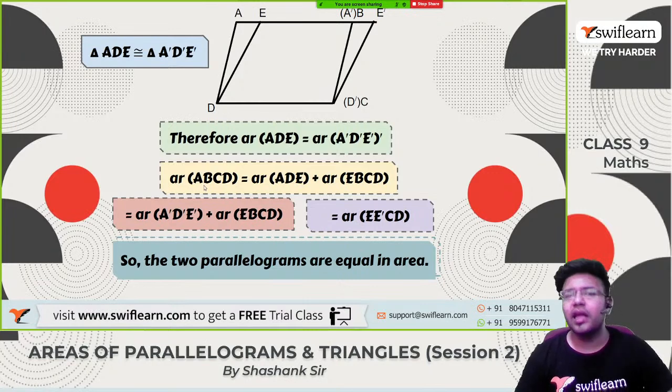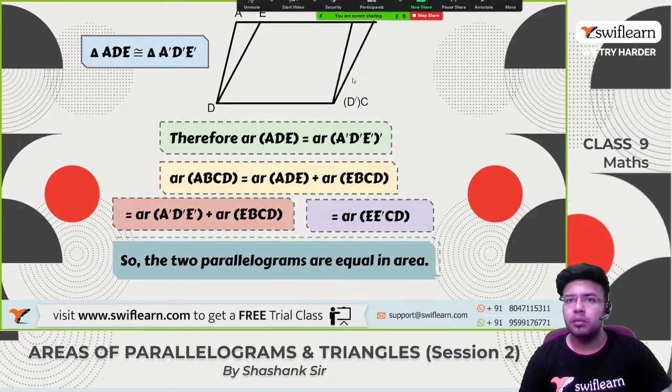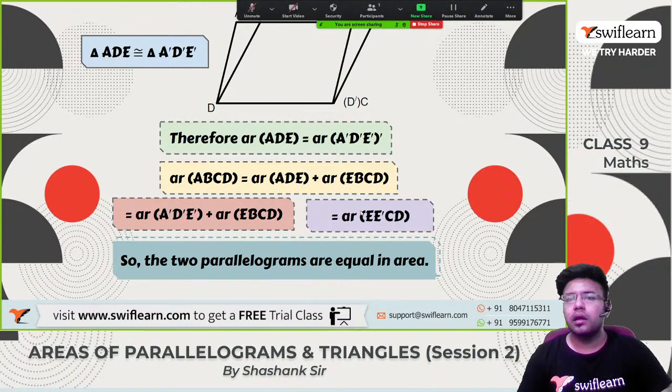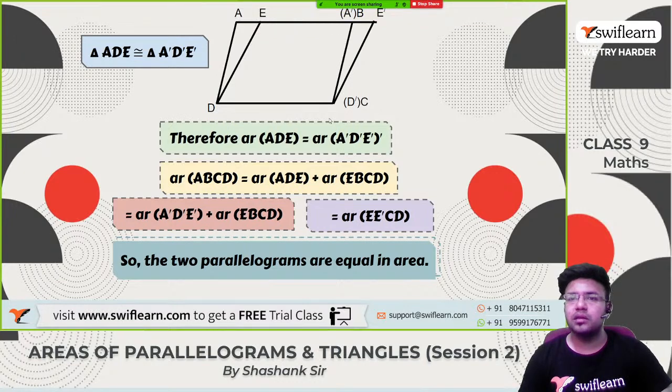And area of the parallelogram ABCD is equal to the area of the triangle ADE plus the remaining area EBCD. This is E, this is B, this is C, this is D. This is equal to this plus this.